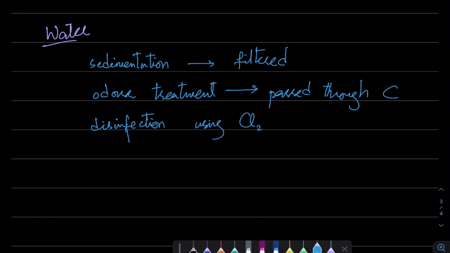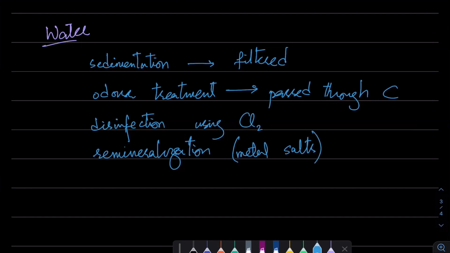And then we sometimes do remineralization of water, which means that you add the necessary minerals in it. So this is salts, mineral salts, actually, metal salts that are added to it, and they basically provide us with electrolytes, they provide us with the minerals that we need for our body to function properly. So that is how you treat water.